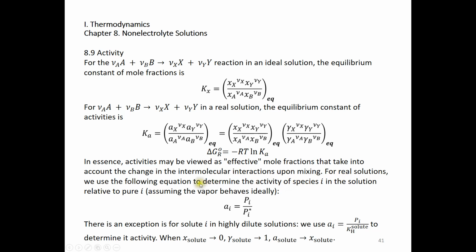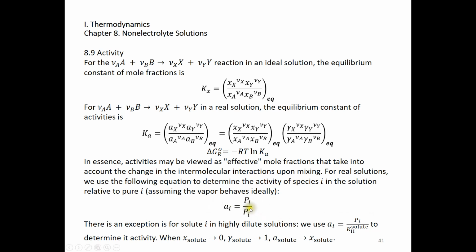For real solutions, we can use the following equations to determine the activity of species i in the solution relative to pure i. Over here we have this equation: A sub i is equal to P sub i over P sub i star. We're assuming ideal gas behavior of the vapors. P sub i is the partial pressure of liquid i on top of the surface of the solution.